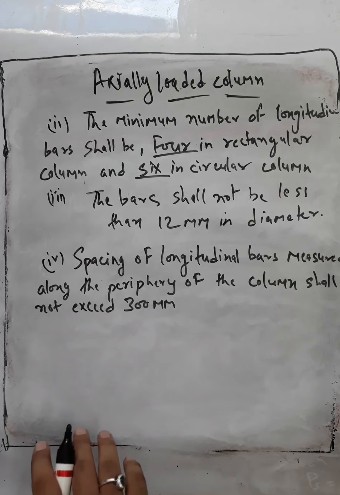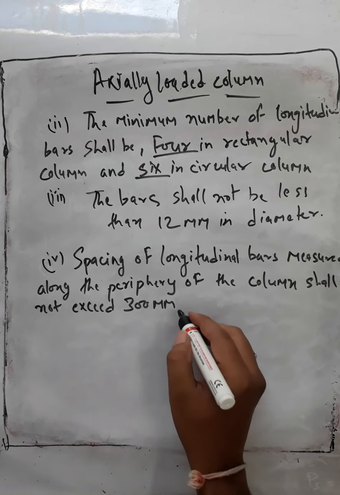Spacing of longitudinal bar measured along the periphery of the column shall not exceed 300 mm.